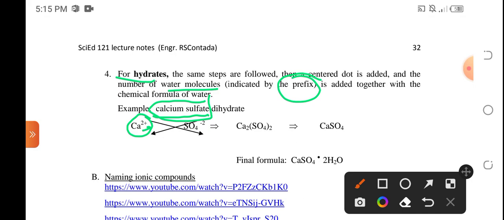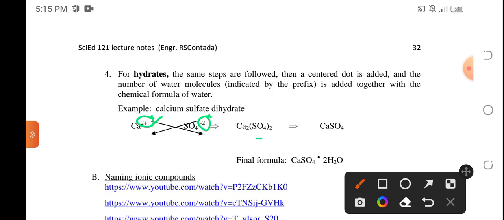periodic table. Then sulfate, polyatomic ion, titignan natin yung listahan natin kung SO4 negative 2. Okay? And then crisscross, pero alam natin that they are both 2 and they could be reduced because they have common denominator of 2. And once they could be reduced, they could be omitted kasi nga they could be both 1. Okay? So pwedeng ma-cancel.